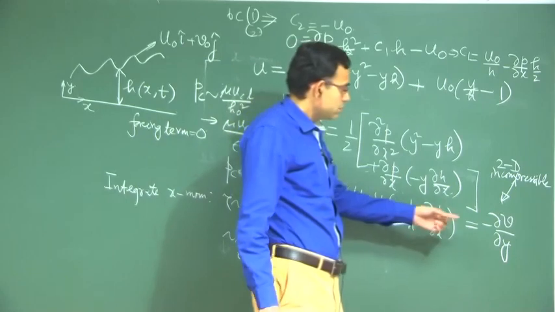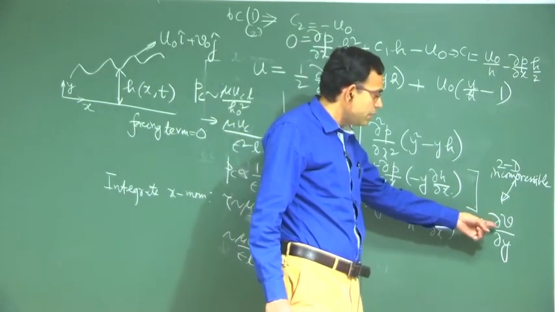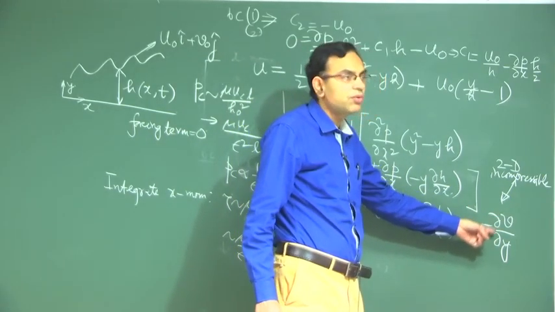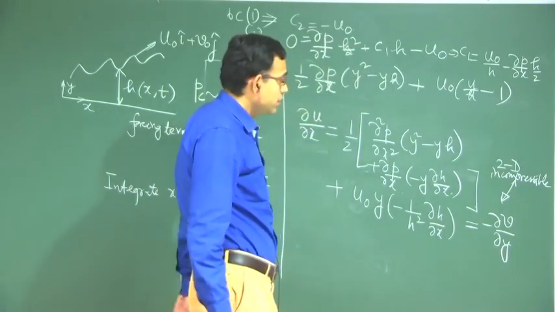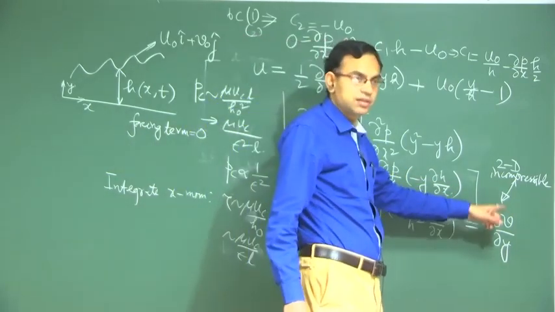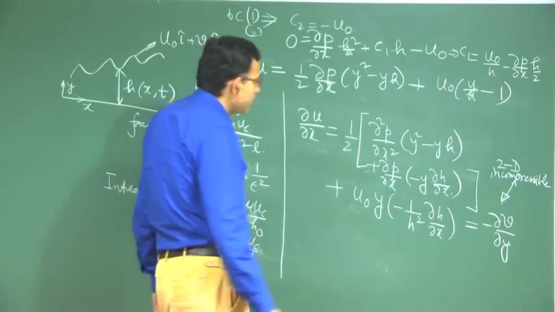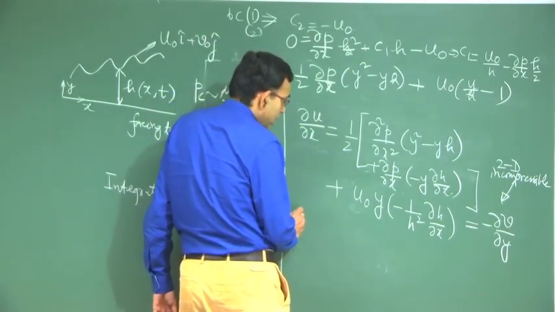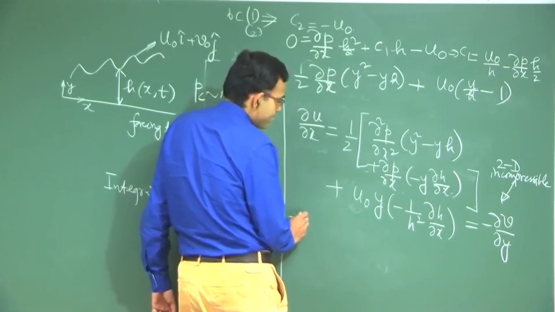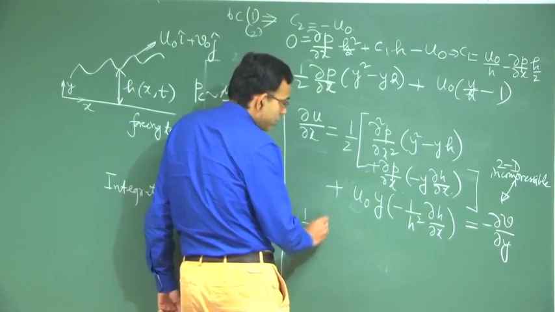So, in principle if you integrate this with respect to y, you will get v. Remember, these are all partial integrations because this is a partial derivative. So, if you integrate this with respect to y, you take minus half as common.